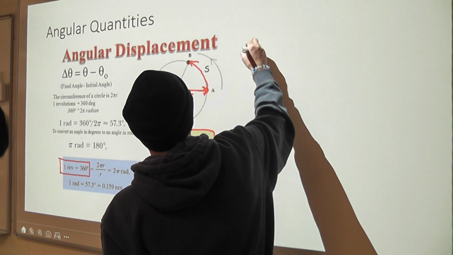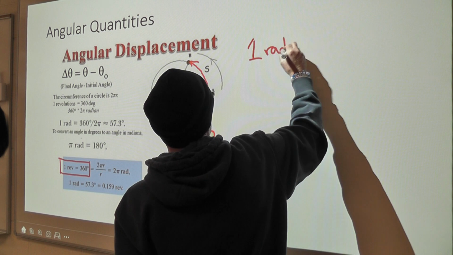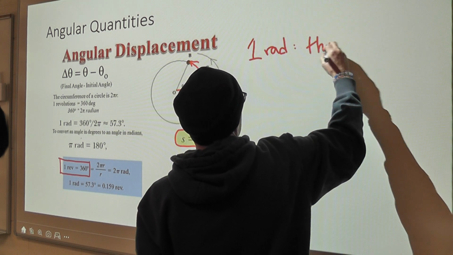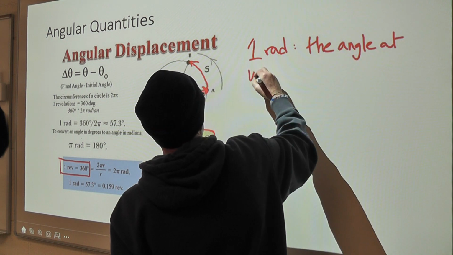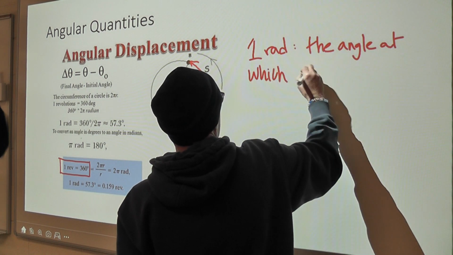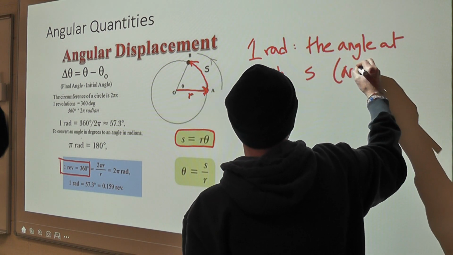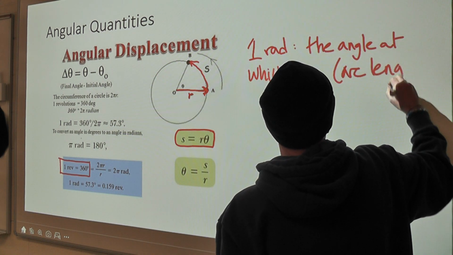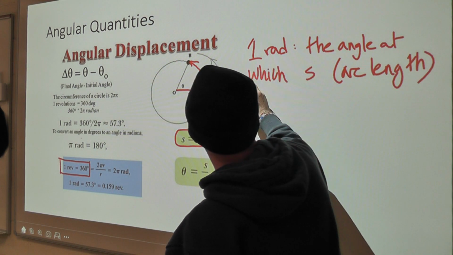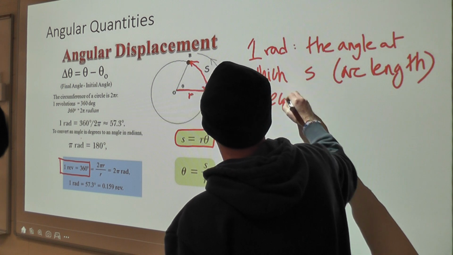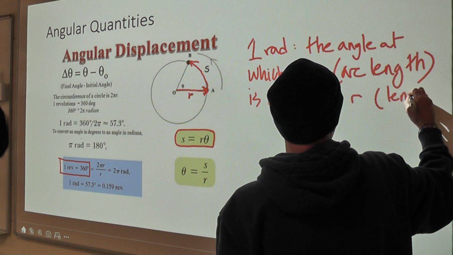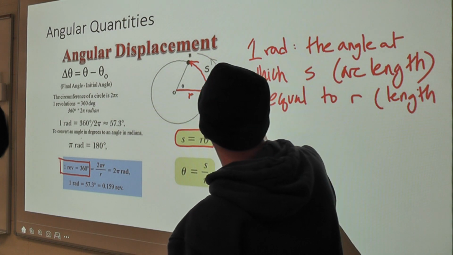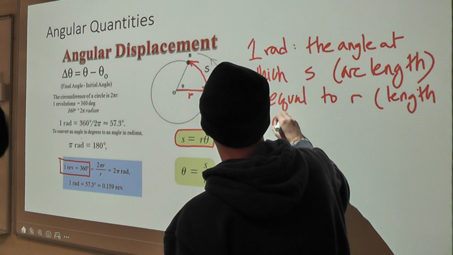We've defined 1 radian as being the angle at which S, which is the arc length, is equal to R, the length of the circular path's radius.